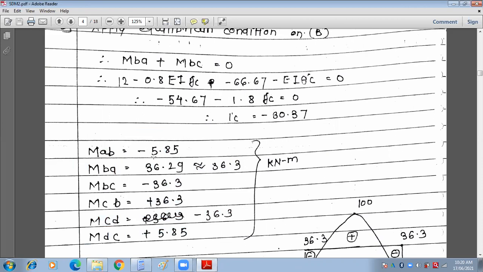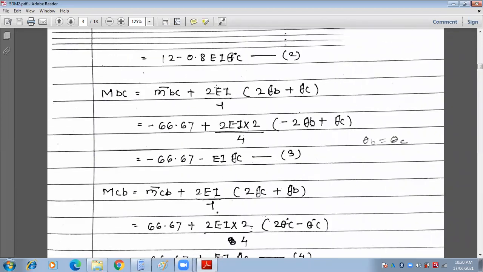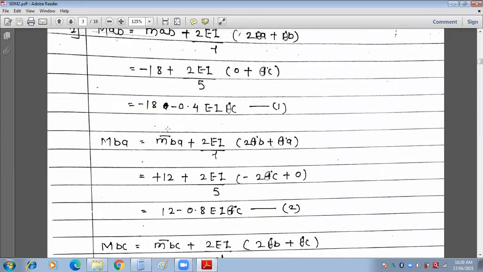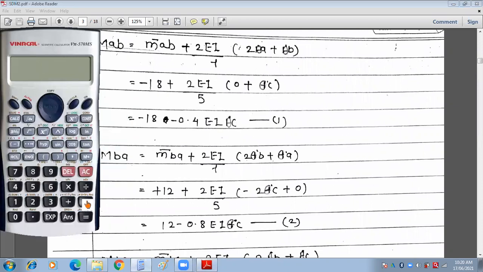The values are minus 5.85, 36.229. How do we solve this? I will show you one step over here. Minus 33.37. Now let us put this value in equation number 1. Minus 18 minus 0.4 into minus 33.37.